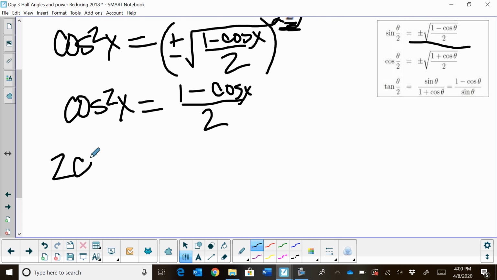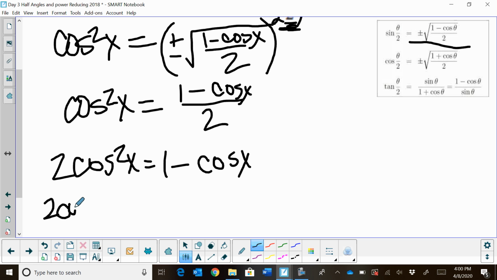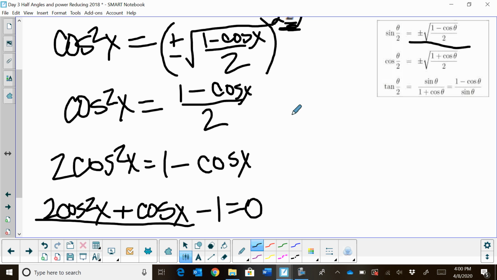So we get 2 cosine squared x equals 1 minus cosine x. We want to get everything to the same side. This one's going to end up being a trinomial. So we have 2 cosine squared x plus cosine x minus 1 equals 0.